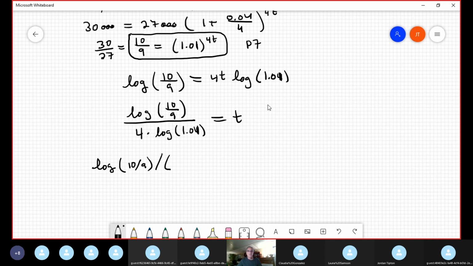Open the parenthesis and enclose everything in the bottom. It's important for multiplication: 4 times log, parenthesis, 1.01, close double parenthesis. The parenthesis of the logarithm and the parenthesis I artificially put here to enclose everything. Press enter and let me know what is the answer.